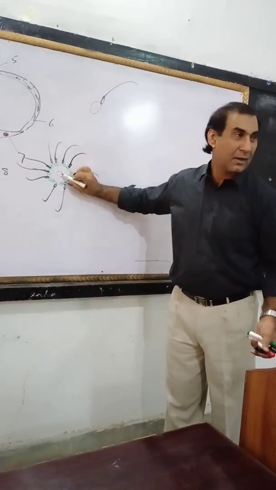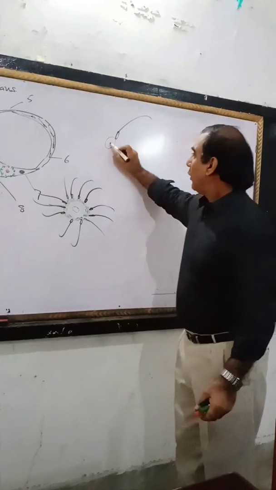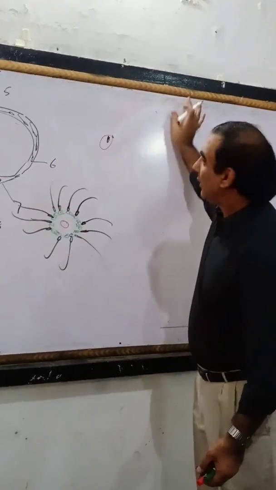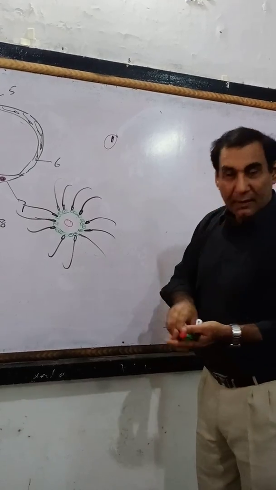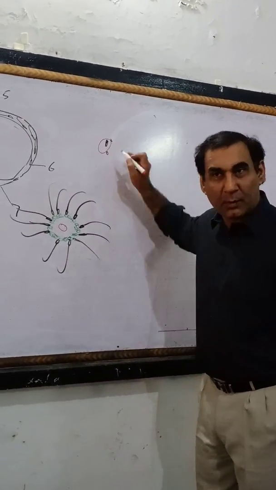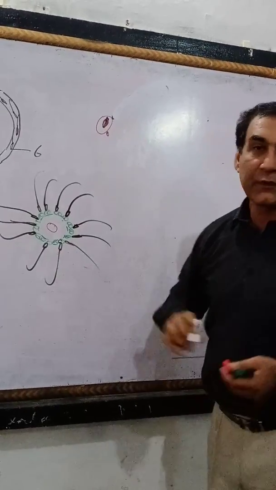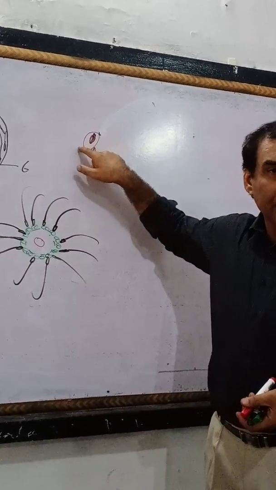Suppose this was the lucky sperm to have the chance of fusion. That entered from here. Once it would enter here, this secondary oocyte would be no more. Thus the polar body would be released, and here is the fusion of the nucleus of the ovum and the sperm.